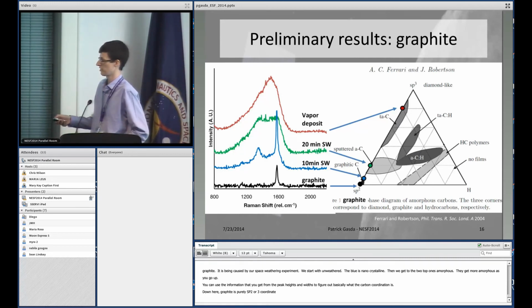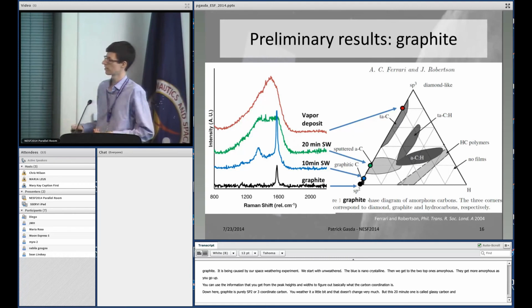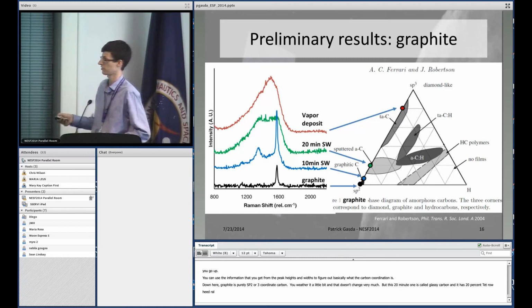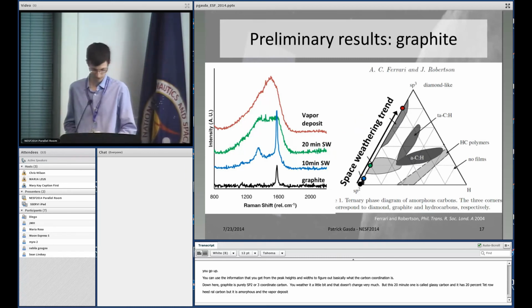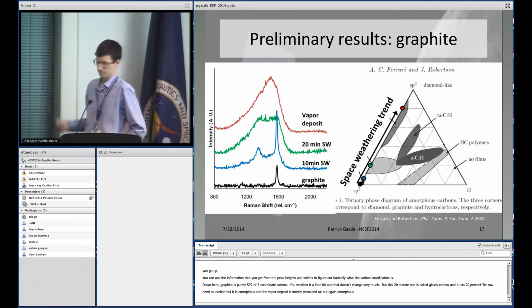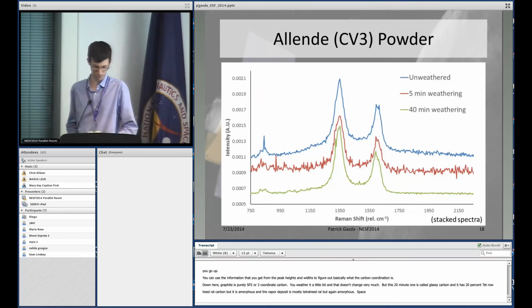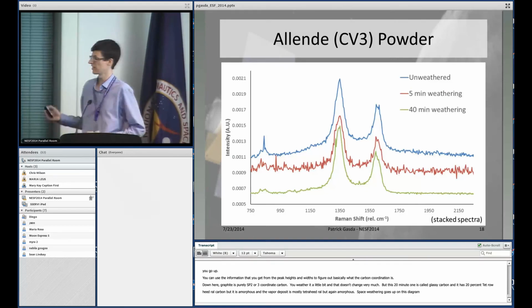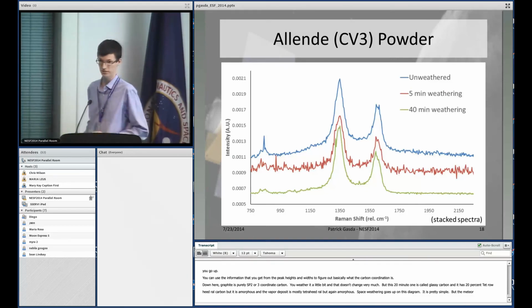You weather a little bit and that doesn't change very much, but this 20-minute one is called glassy carbon, and it has only 20% tetrahedral carbon, but it's again amorphous, and then the vapor deposit is mostly tetrahedral, but again amorphous. So space weathering goes up on this ternary diagram. It's pretty simple, but the meteorite samples have this macromolecular carbon, which we know isn't really like graphite.